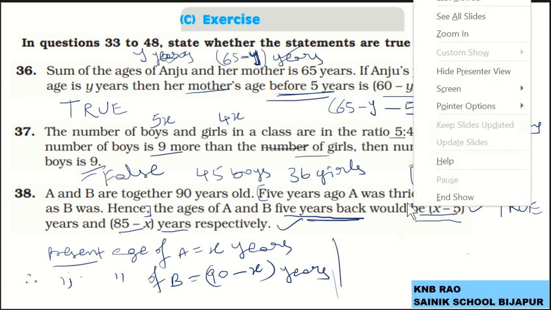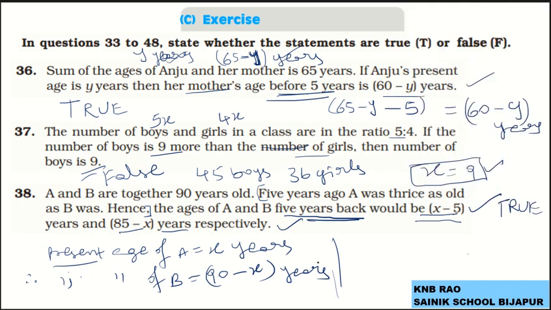Okay, now I'll solve. x minus 5 equals 3 times (85 minus x).